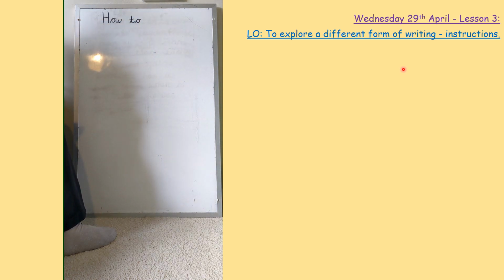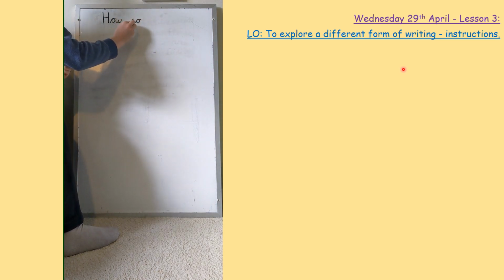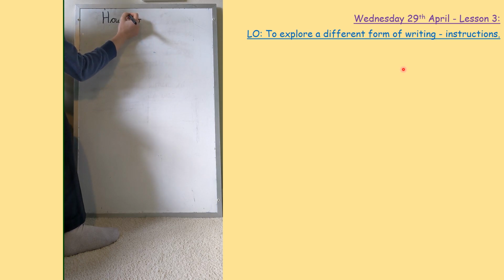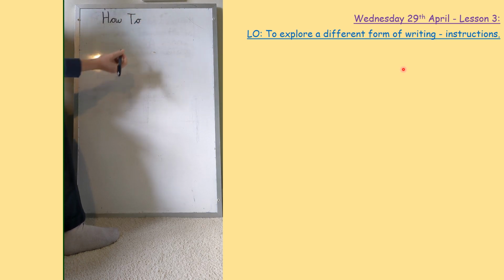Now, I've accidentally done a small t, so I'm going to have to rub that out. That's a lowercase t, because every word in a heading starts with a capital letter, so I'm going to put a capital T there instead.